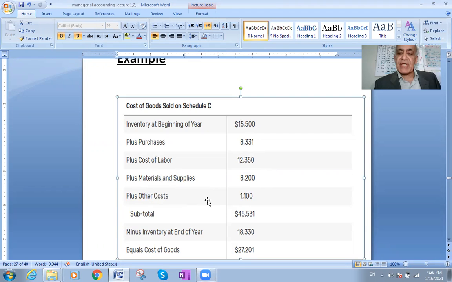Plus other costs, any other costs that go in during the process of selling the goods, that goes here as well.